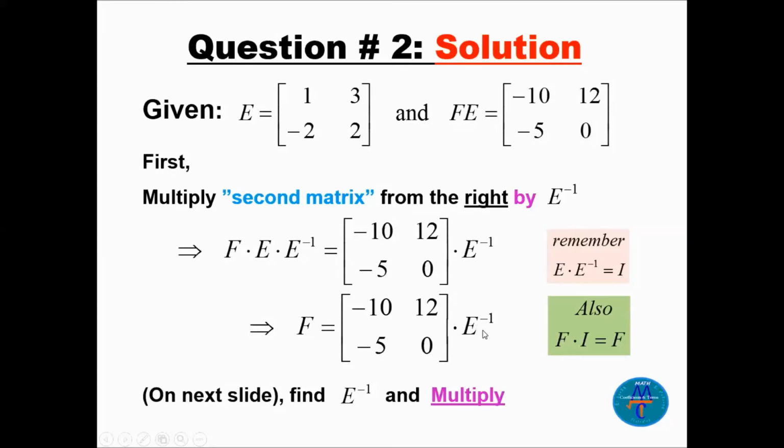So the only thing we have to do in this example is find the inverse of E, and then multiply. Also, you can pause a little and find E inverse if you like, and multiply by the given [-10, 12; -5, 0] to get the matrix F.